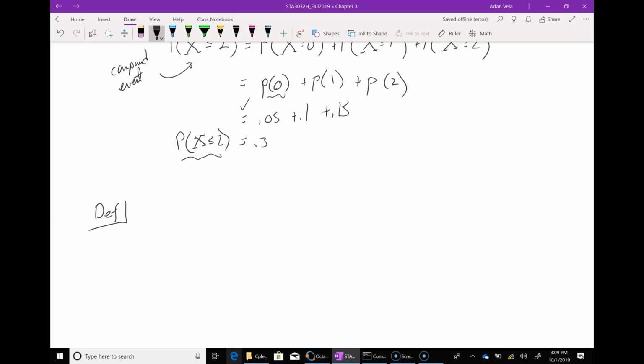Specifically, we want to talk about probability distribution functions. You'll see me refer to it as a PDF, the probability distribution function.